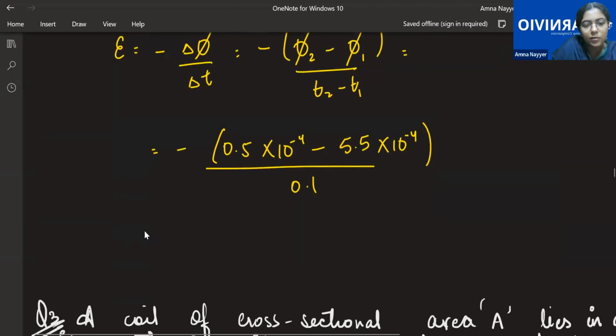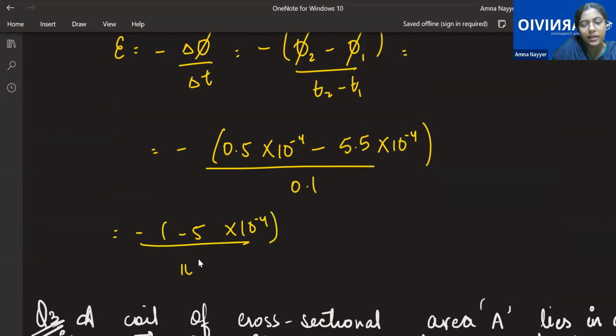So this is equal to minus, 0.5 minus 5.5 is minus 5. So this becomes minus 5 into 10 to the power minus 4 divided by 10 to the power minus 1. So this makes it 5 into 10 to the power minus 3 volt. Okay, this is the EMF.